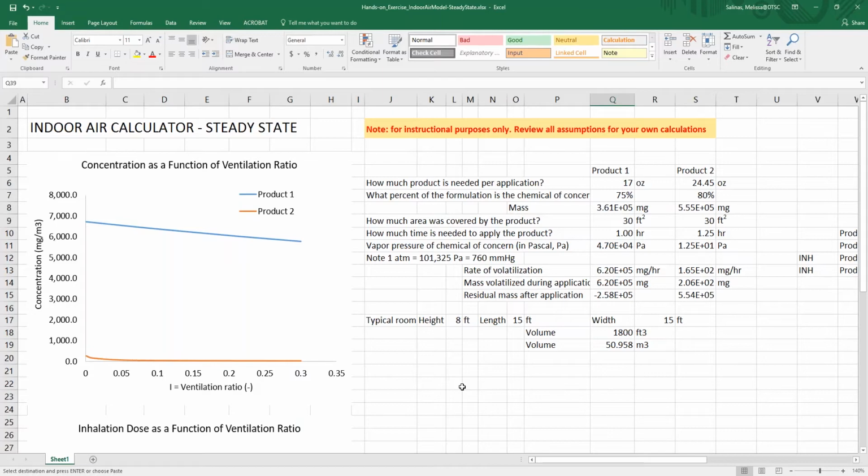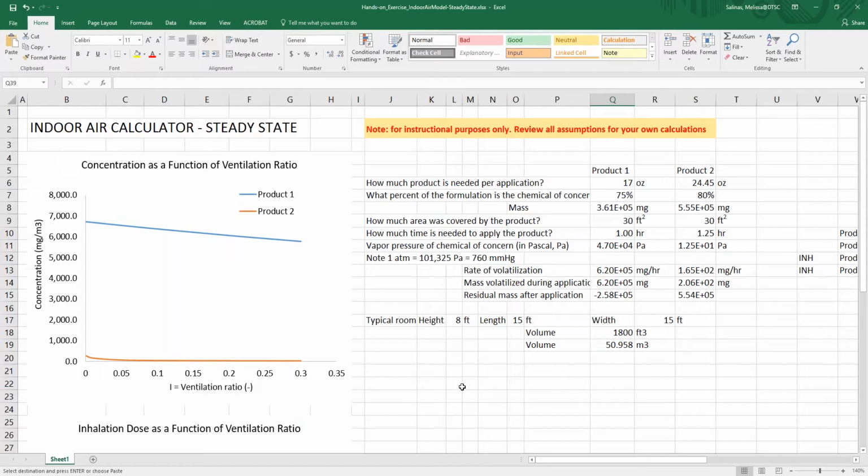And we talk about product one, product two. You know, these could be any products. Right now, the information is for some of the chemicals that we looked at in terms of the paint stripper chemicals. And then we have here, for example, information that's needed. How much product is needed per application? And we gathered this from the exposure handbooks. We've played around a little bit with the numbers.